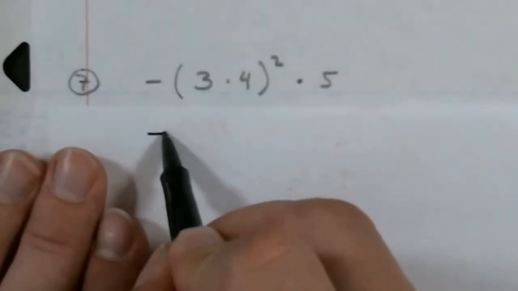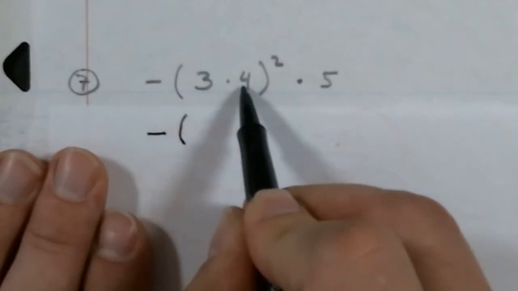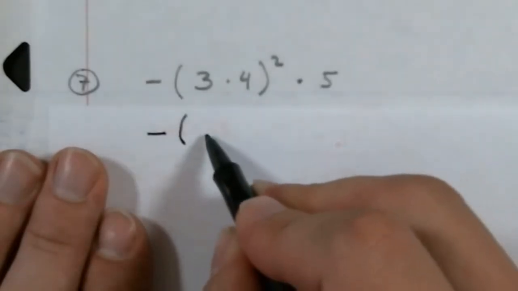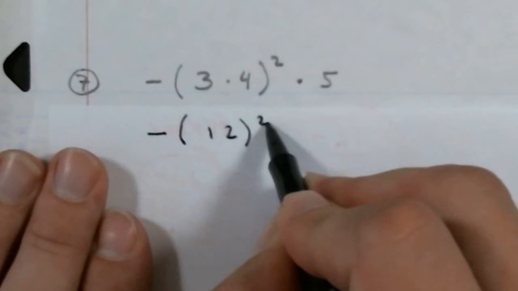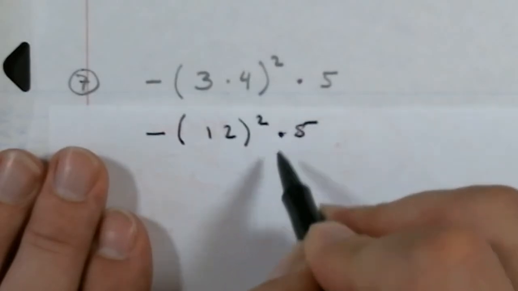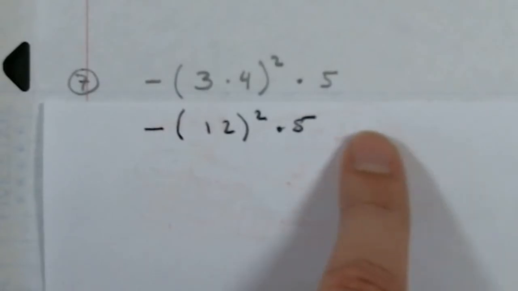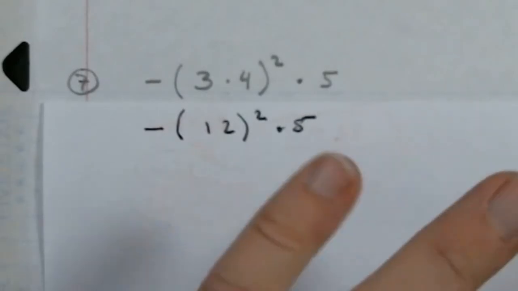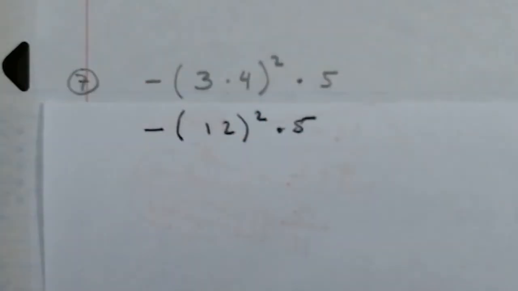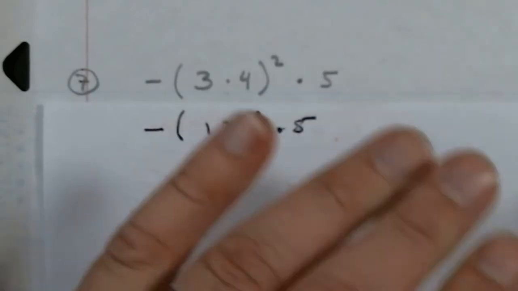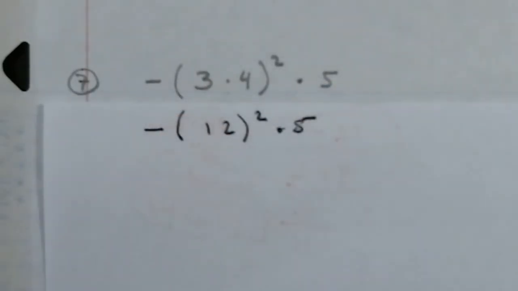Minus, well, 3 times 4 is 12, 12 squared times 5. Do you see how I'm not writing down PEMDAS anymore? I'm trying to have it in my head, and follow it with what I know.